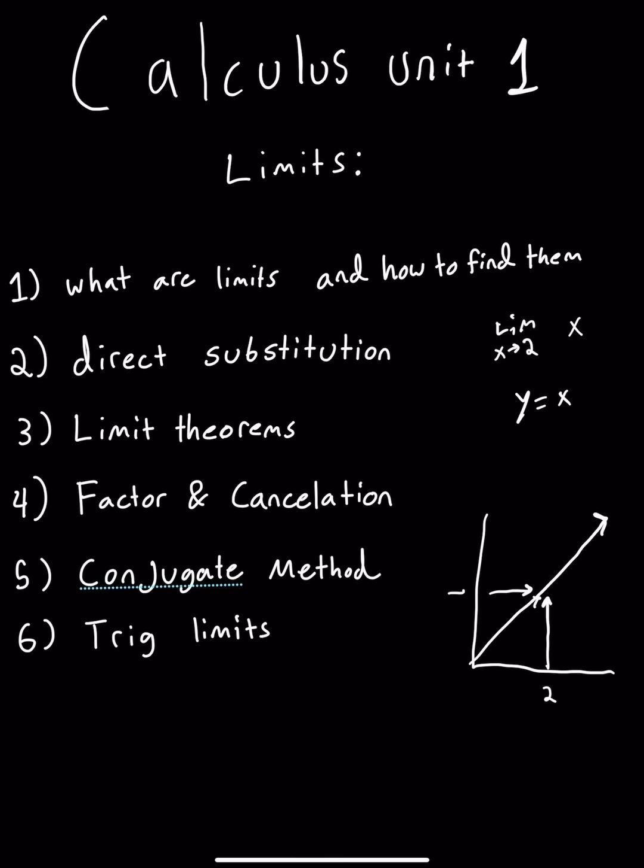Okay, so now that we know how to find them and what limits are, because limits are just where the graph is approaching, like where would it be if you plug it into the equation. And an example of what we'll be finding in future is, let's say that a graph looks like this and it has a hole at this point.